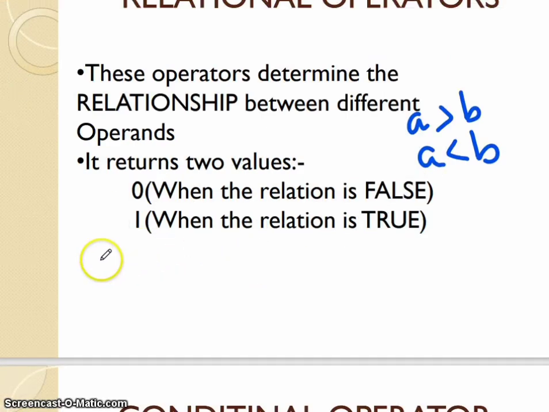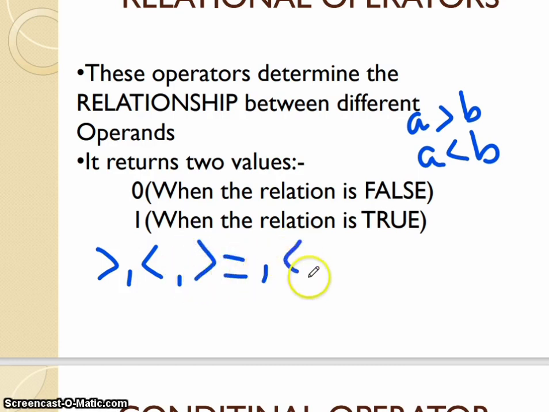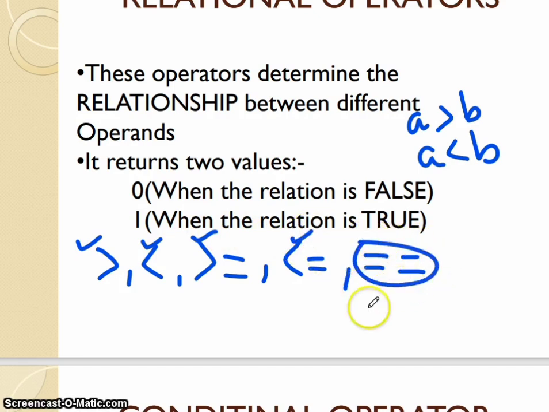The relational operators are greater than, less than, greater than equal to, less than equal to, and double equal to. If I write a is double equal to b, it means that a has the same value as b.